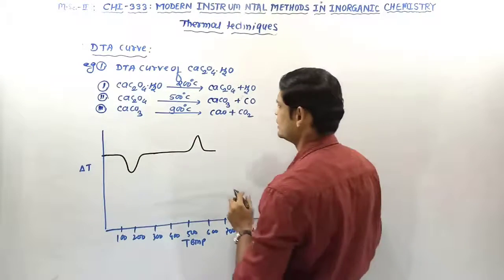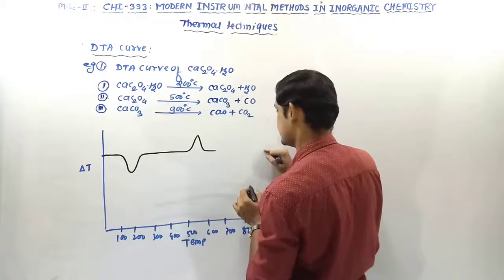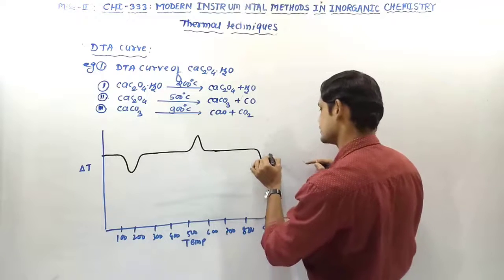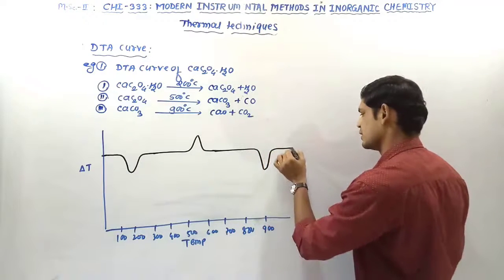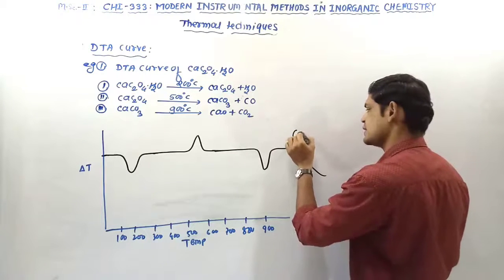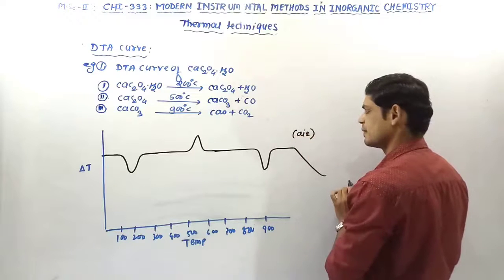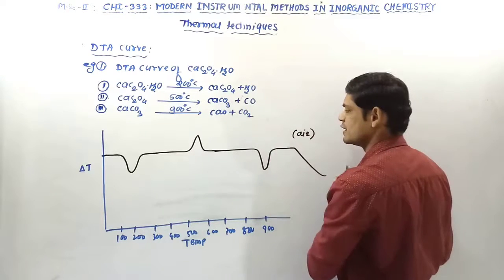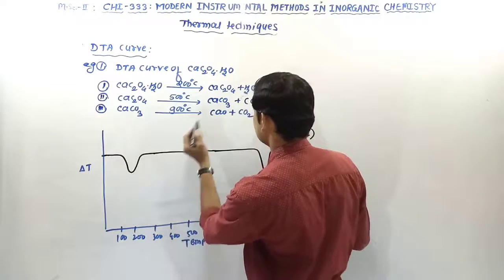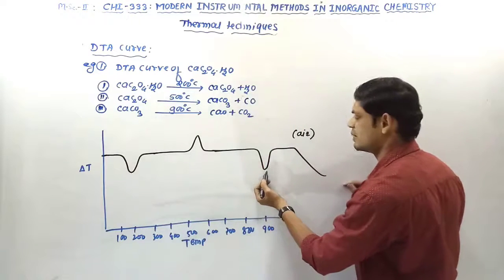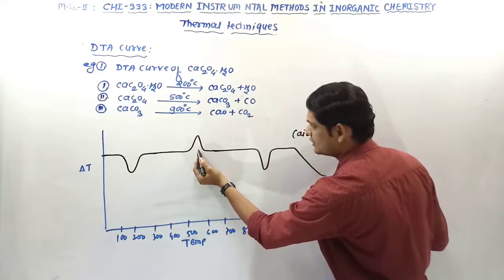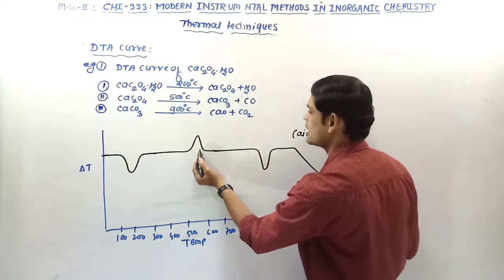After that, again at around 900 degrees Celsius, decarboxylation and further decomposition will be there. This is in the presence of air. In air, in the second case, carbon monoxide undergoes oxidation. We will call it burning. So this is a peak due to the loss of water molecule, and this is due to the decarboxylation. And in between that, we will get one small peak, and this peak corresponds to the burning of carbon monoxide.